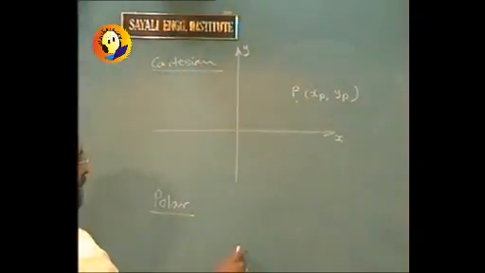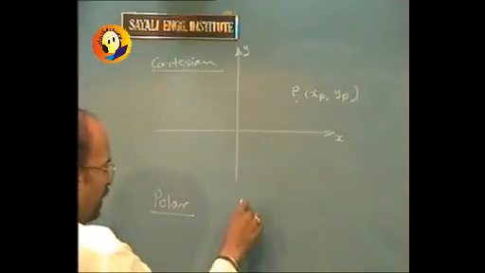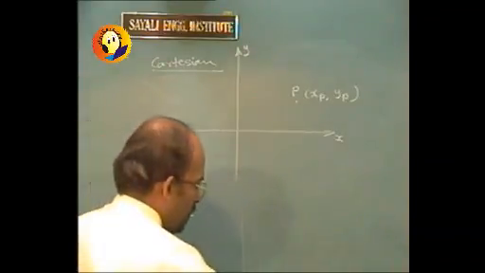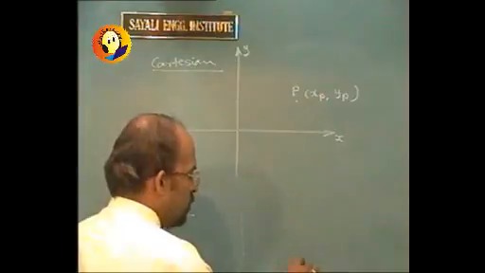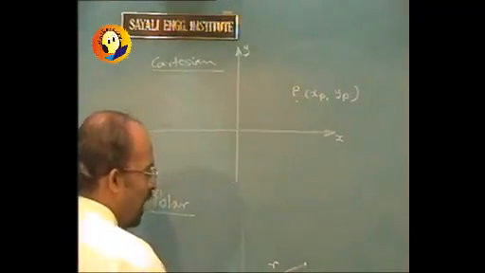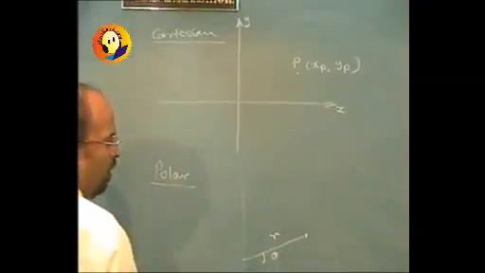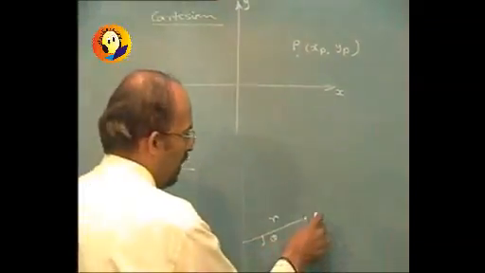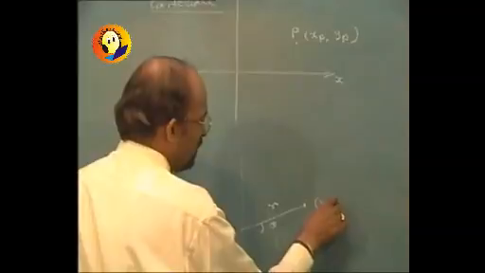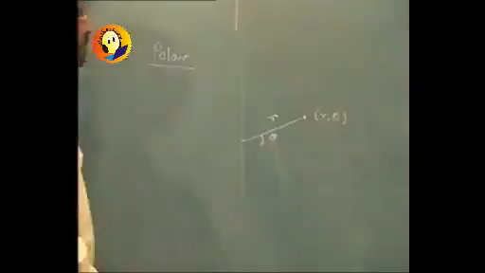In the polar coordinate system, the same point will be represented as the distance of the point from the origin, called r, and the angle subtended by the radial vector, which is theta. The point will be specified as r comma theta.